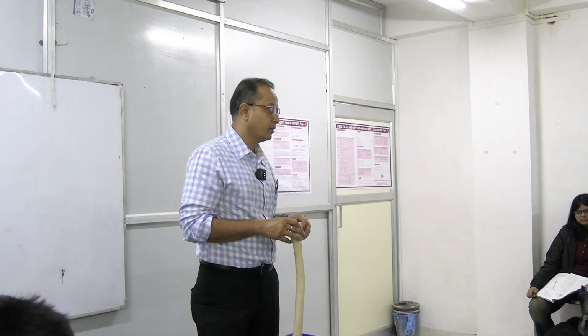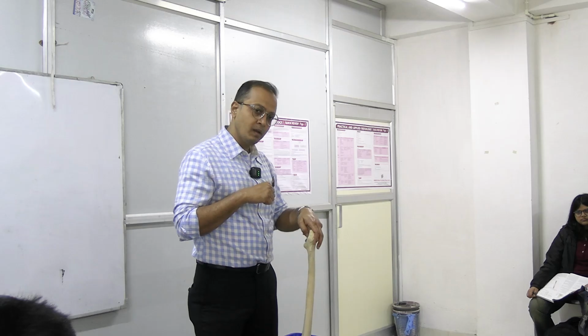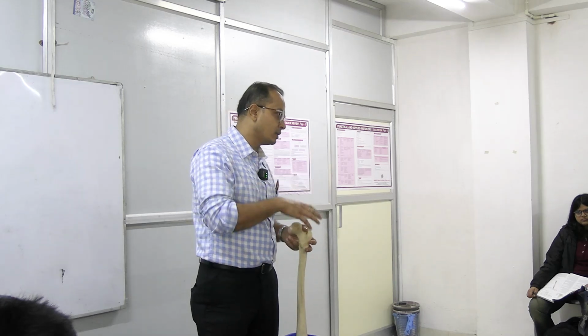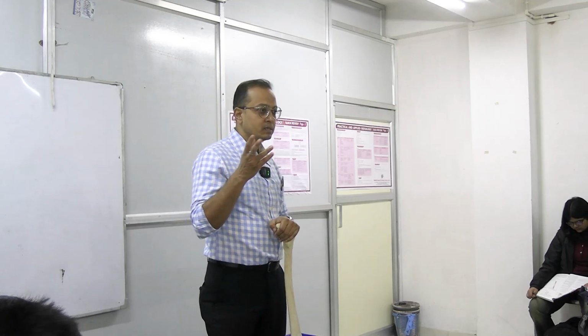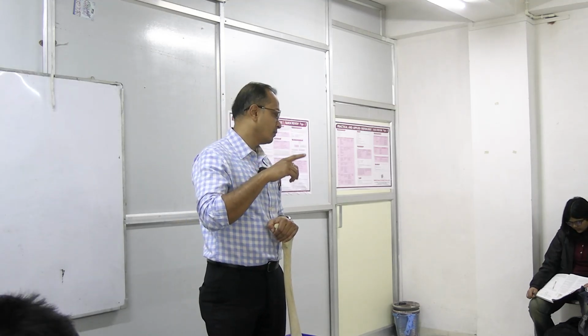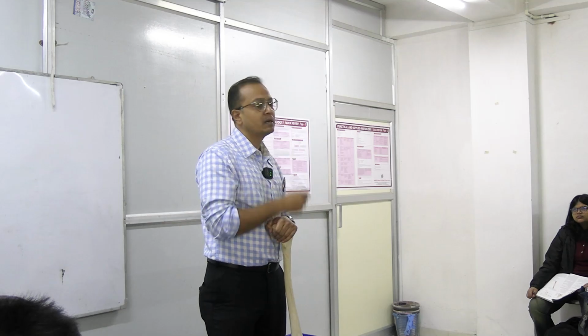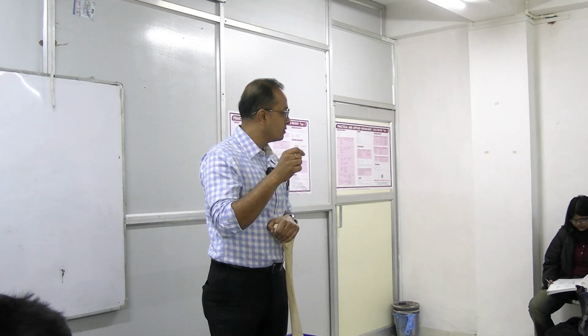Clear? Fine. Then we are moving to the main part, where the muscle attachments important to the examiners are, the linea aspera. The linea aspera has two lips, medial lip and lateral lip. The medial lip gives attachment to a muscle on the medial side, vastus medialis.